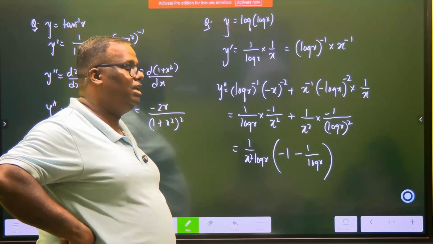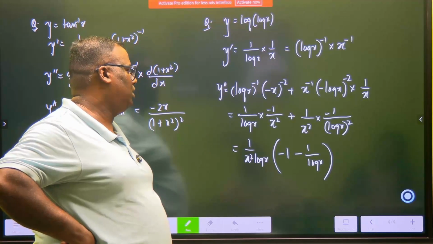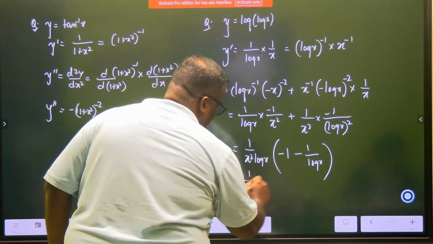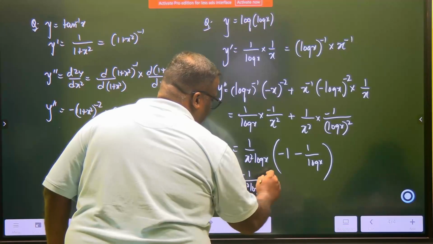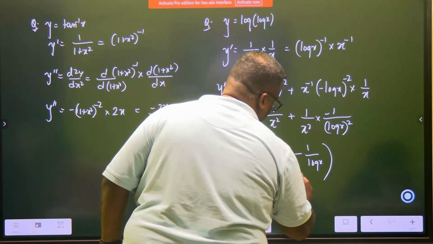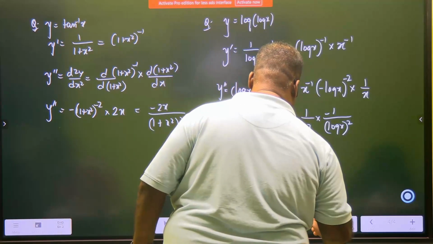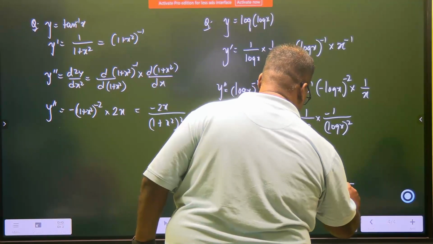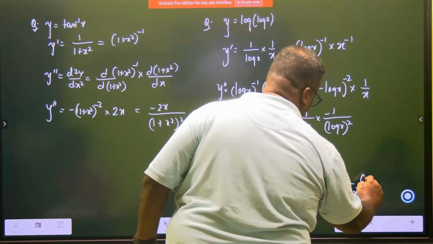Negative, what did they write? Negative, tell me. Plus log x by negative of 1 plus log x. Okay. That is correct. So this becomes 1 by x square log x, right? Take the negative outside. Inside it will be log x. It will be 1 plus log x. So your final answer would be negative 1 by x square log x whole square, 1 plus log x.